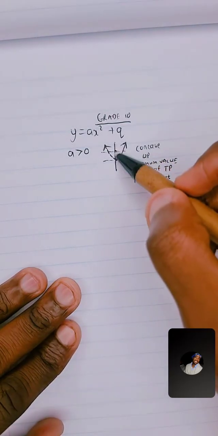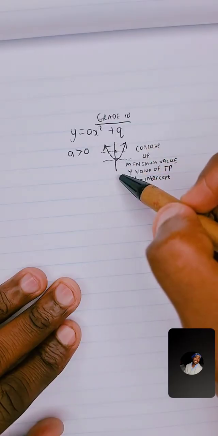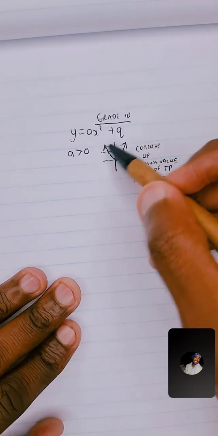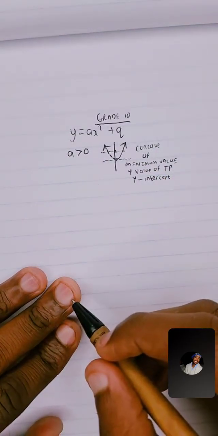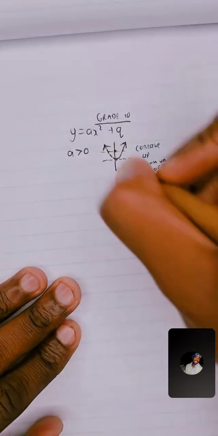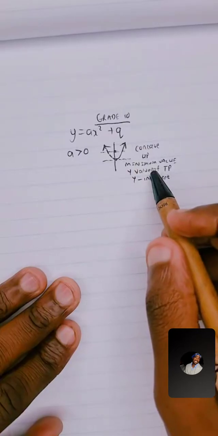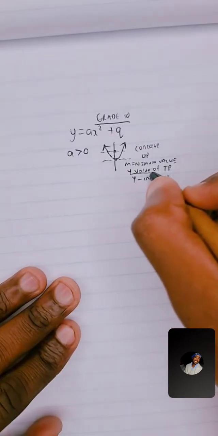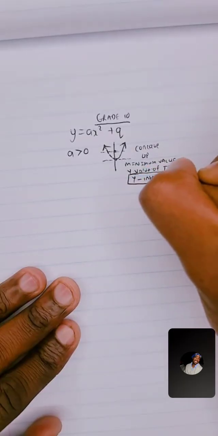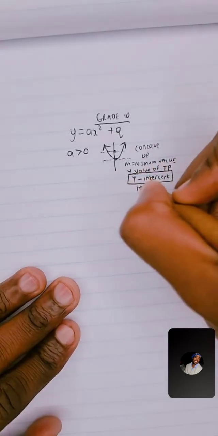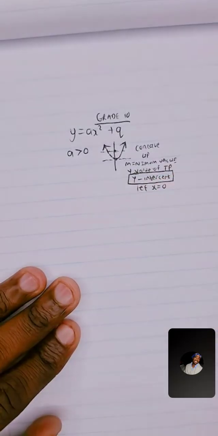So it's almost as if this is the midpoint of the parabola on any horizontal line. So if you want the minimum value, you must get the y value of the turning point, or in other words, the y-intercept. And how do you get the y-intercept of any function?